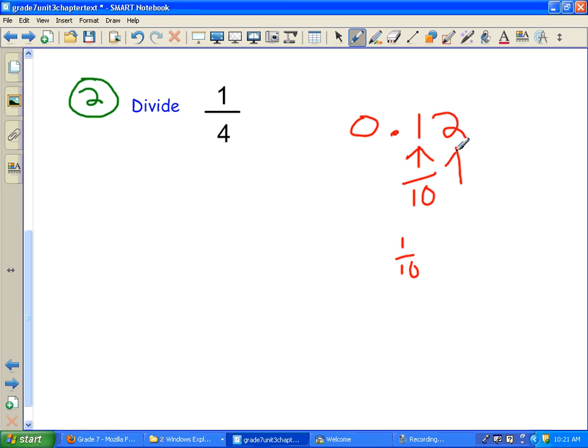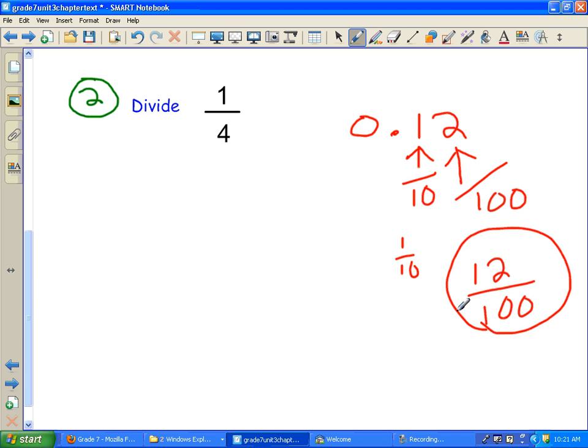But in this case, this is out of 100 if it has two places, because this is the hundredths place. So this written as a fraction would be 12 out of 100, or 12 hundredths, because there's no whole numbers. So that's really easy to change this now to a percent. That is 12%.